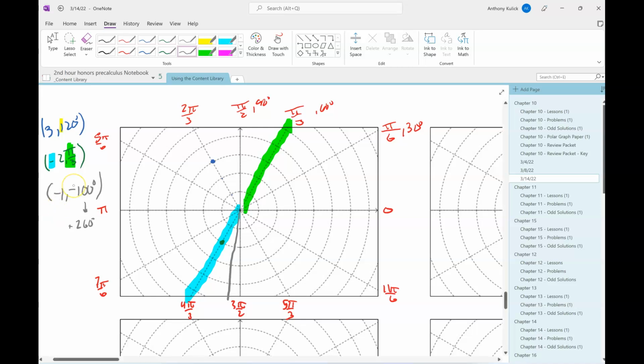But because it's a negative 1, I'm going to have to flip it across. So like we're there. Do you guys feel okay about this? About plotting these guys? Not that big of a deal, but it takes a little bit of practice.